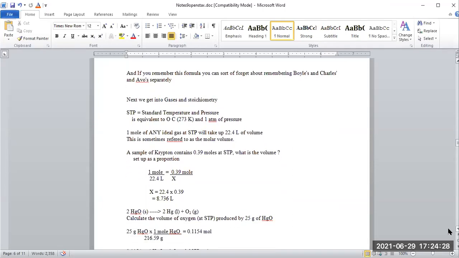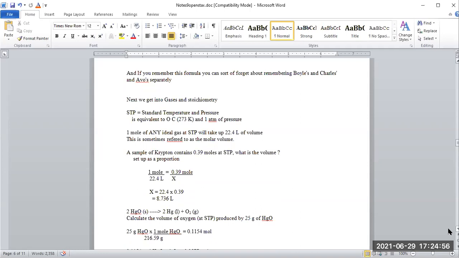You can also use this idea as kind of a ratio, okay? If 1 mole gives you 22.4, as long as you know something is at STP, you can do it 2 different ways. I set it up as a proportion. You could actually do it in terms of a conversion factor.